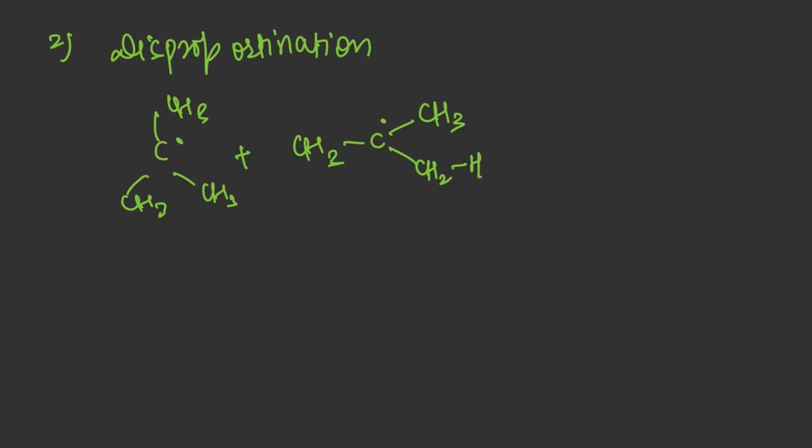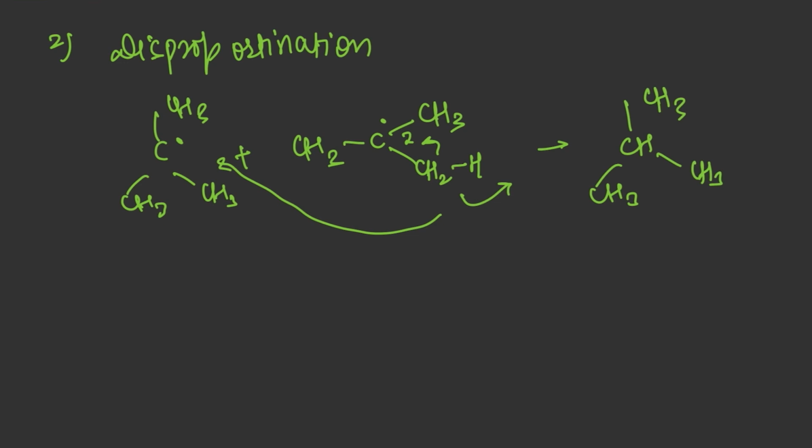Disproportionation means there is removal of hydrogen and addition of hydrogen. Removal of hydrogen leads to oxidation, and addition of hydrogen leads to reduction. So here hydrogen removes and is going to add here. When this hydrogen removes, this lone pair is going to form a double bond. So we have CH3, CH3 and CH3.